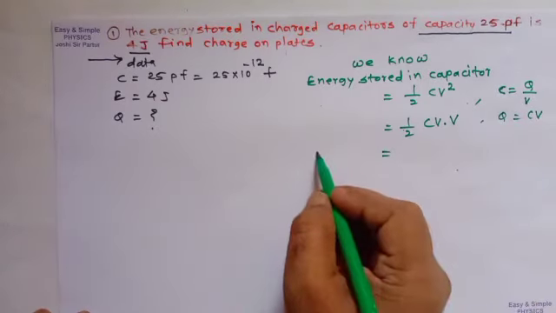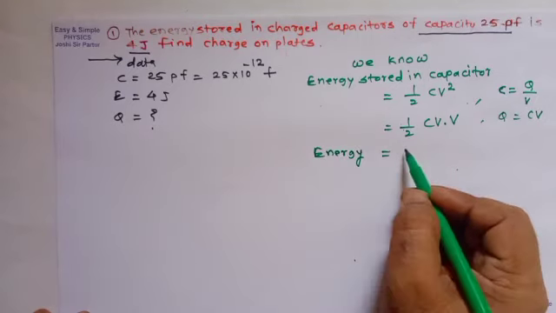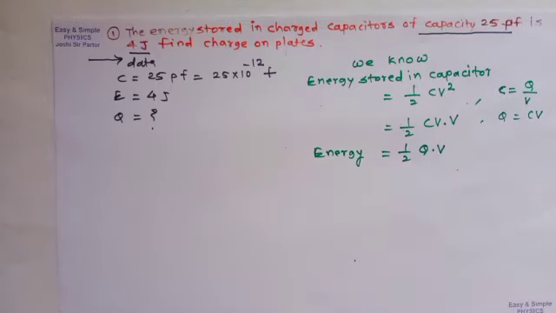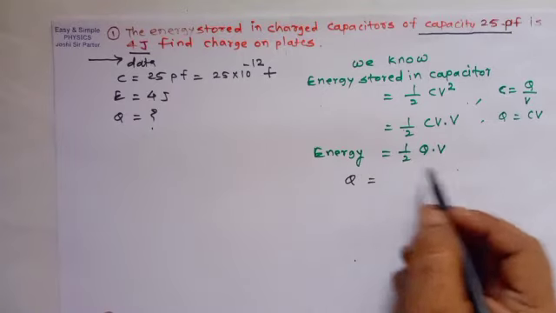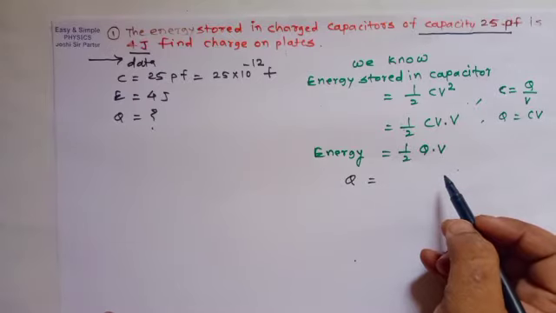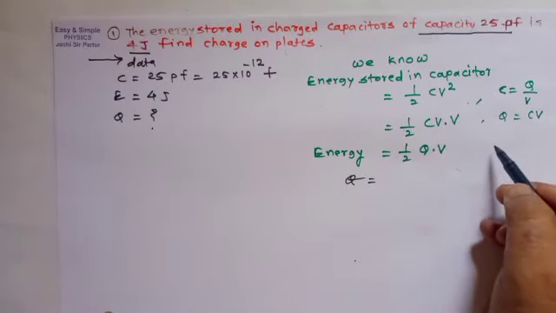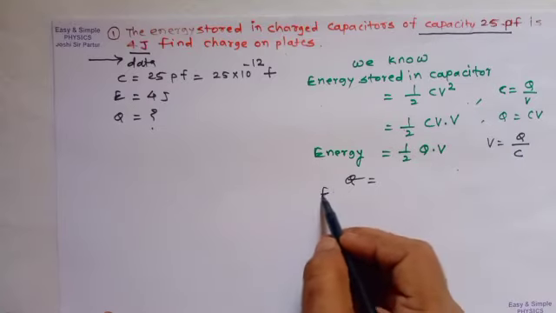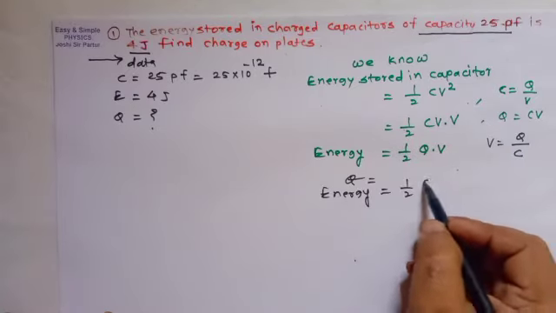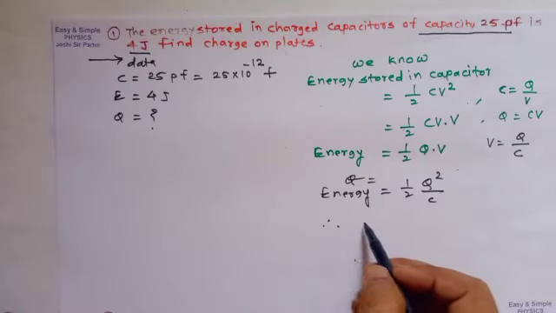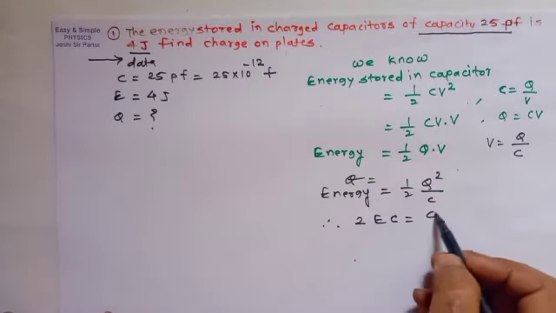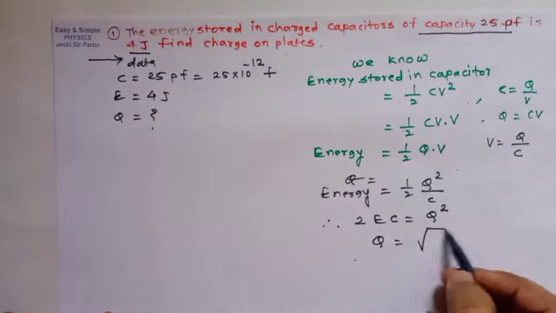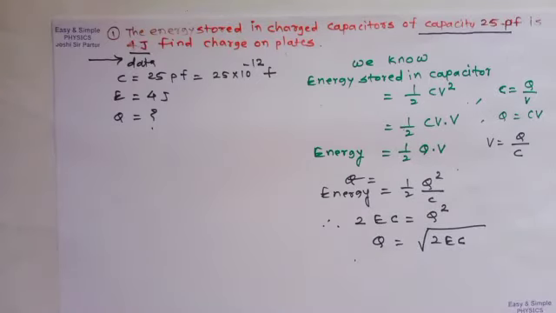Therefore energy stored will be half Q into V. If we substitute V equal to Q upon C, energy will be half Q square upon C, so 2 times energy into C is equal to Q square, and Q is equal to square root of 2E into C. So here we can find out the charge.